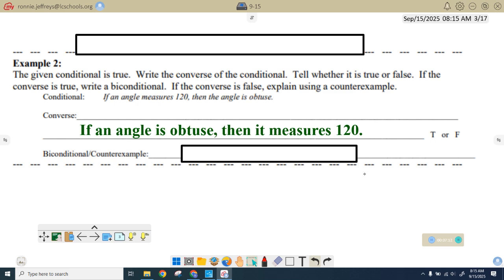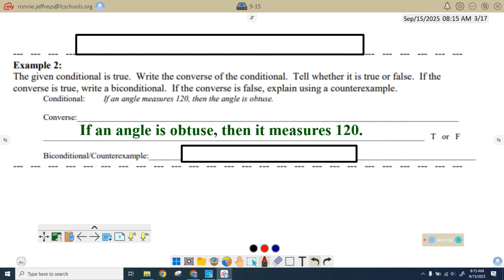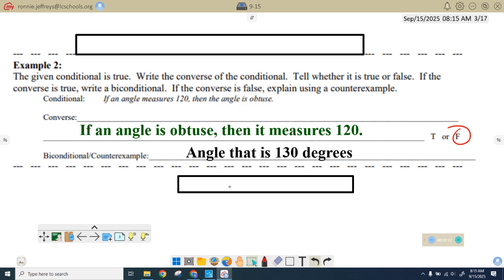No. So we would actually just say false. Alright, so if it's false, we'd give a counterexample. You could use any obtuse measure that's not 120. I went with 130. Okay? Just with that, it's false.